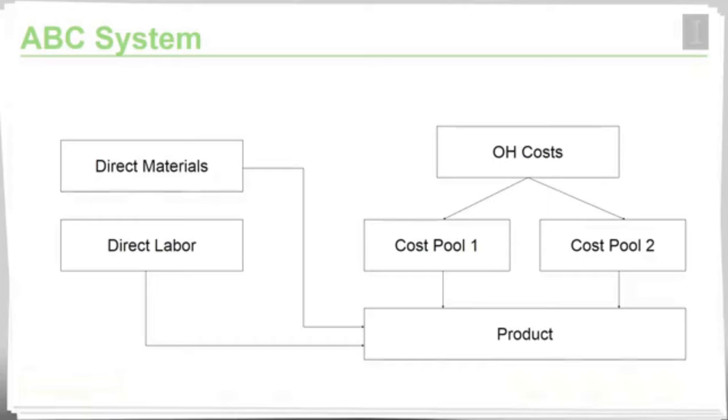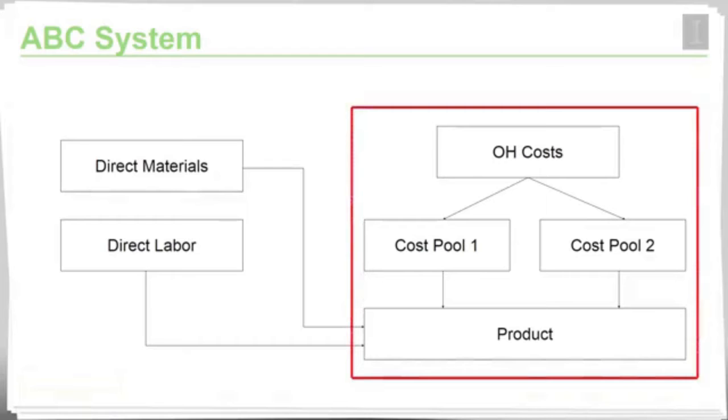Well, one change as we move from a traditional system to an activity-based costing system is that we don't necessarily have to think about the product, but rather the cost object. We'll see an advantage of activity-based costing a bit later, and that is you can adopt whatever perspective of whatever you care about the cost of via this system. So we've shifted from a product focus to a more generic cost object focus.